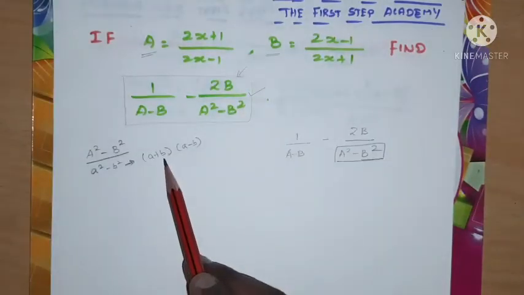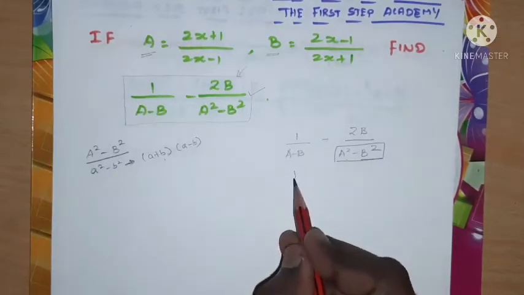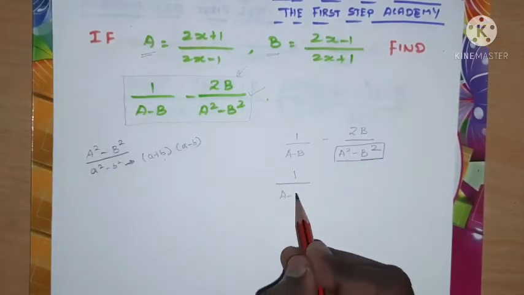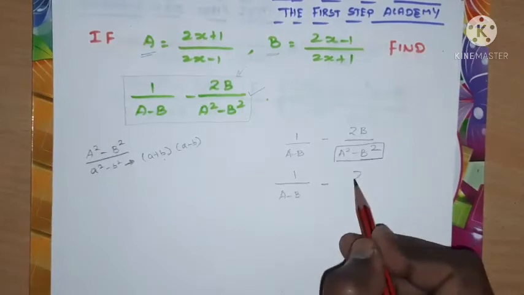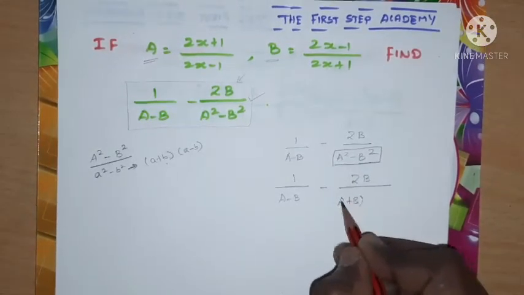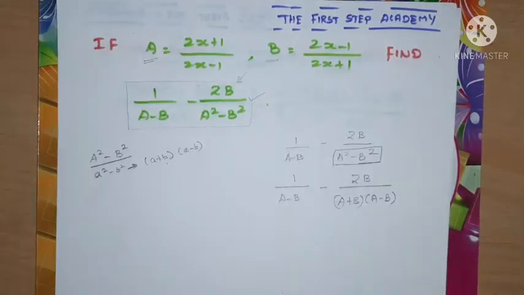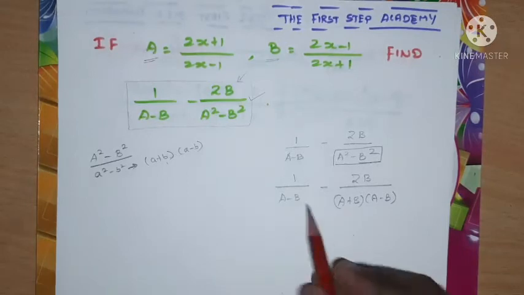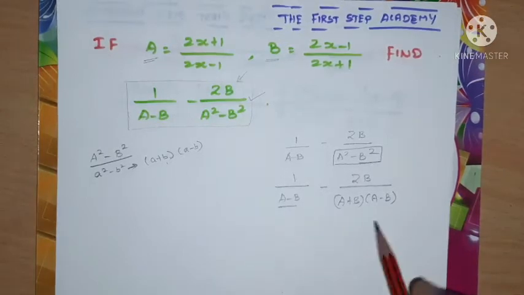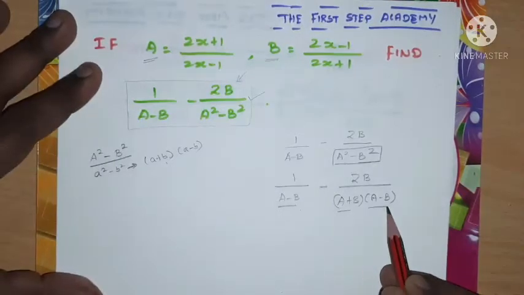I'm going to apply this formula over here so that we'll get 1 divided by (a − b) minus 2b divided by (a + b) into (a − b). Fine. Next, look at the denominator of the first term: only a − b. Look at the denominator of the second term: (a + b) into (a − b).